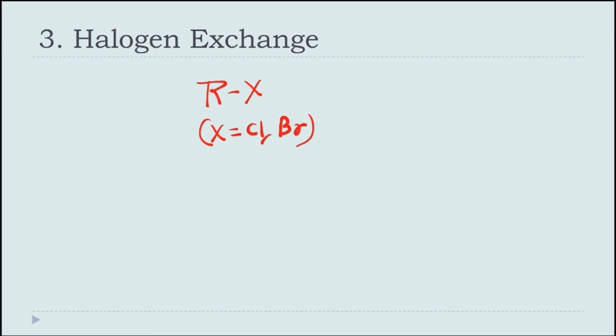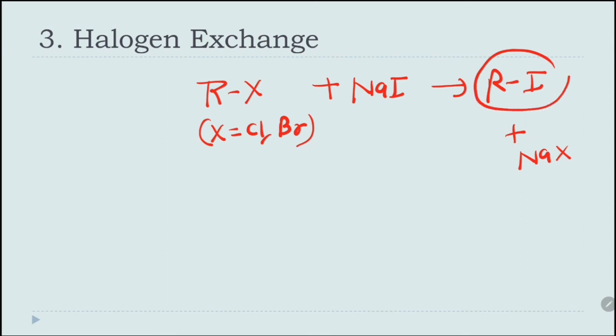So what if we want to form iodide? We can react alkyl chloride or bromide with sodium iodide, NaI, and we will get alkyl iodide plus NaX. So by using NaI we can form alkyl iodide, but still we have not seen any reaction in which we were able to form alkyl fluoride or fluoroalkane.